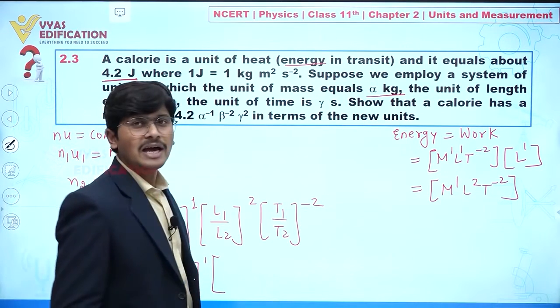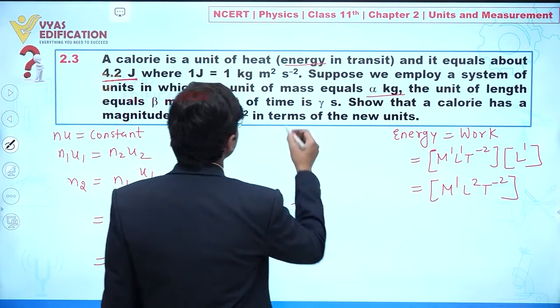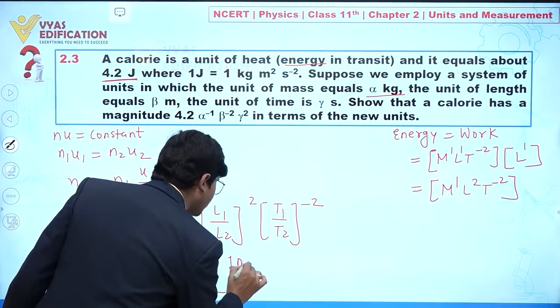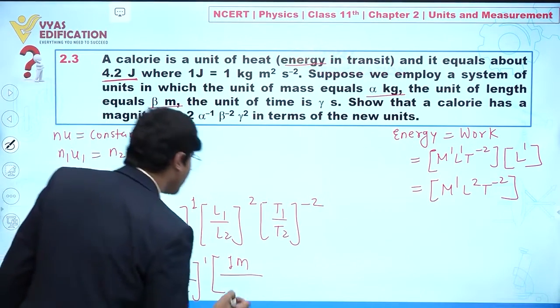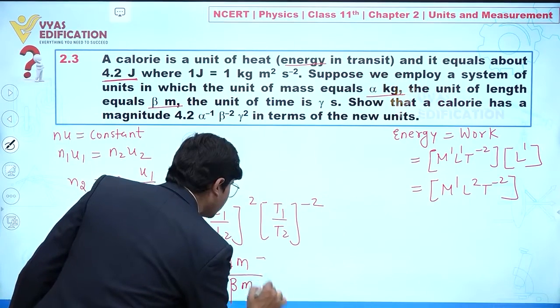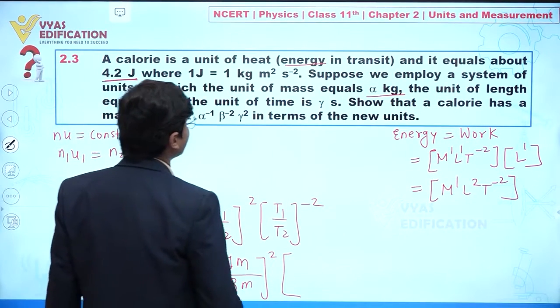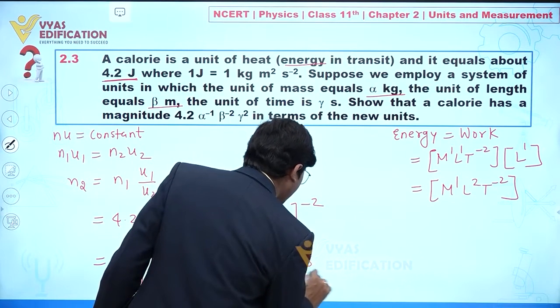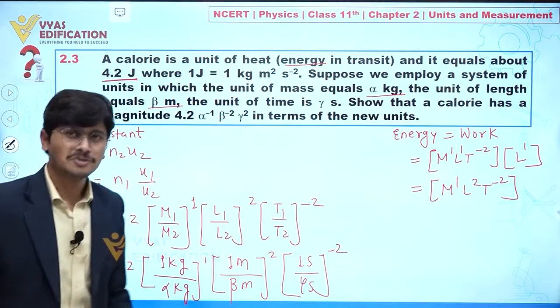L1 is 1 meter, and L2 is beta meter, so beta meter power 2. Time is given in second, so 1 second, and gamma second in the new units, to the power minus 2.